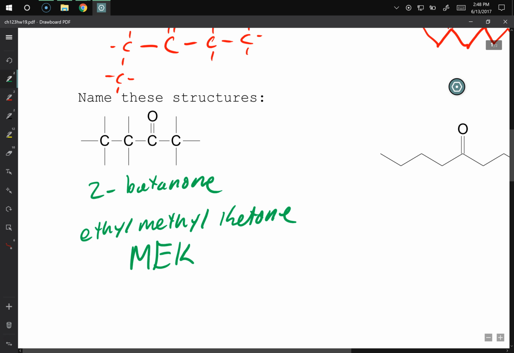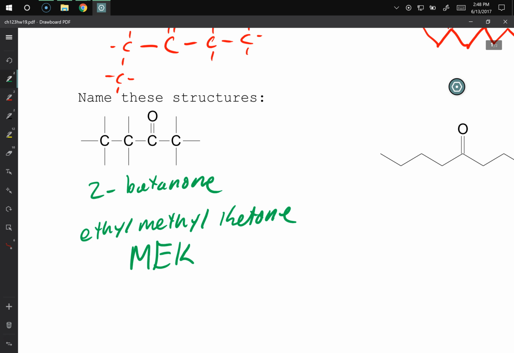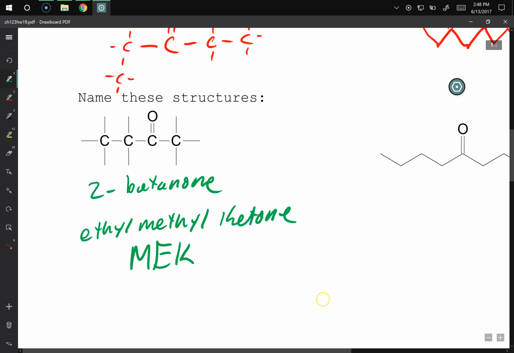MEK is a super common name for it. Just because we don't usually like things that start with vowels. So if you go to the hardware store, or a paint store, you'll definitely see a can that says MEK on it.